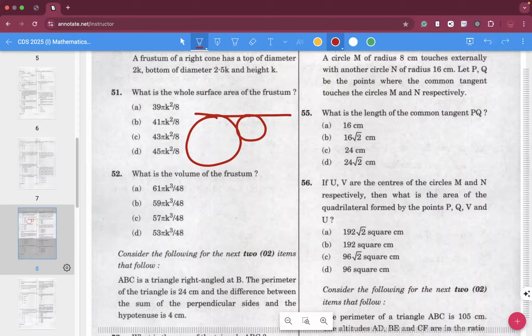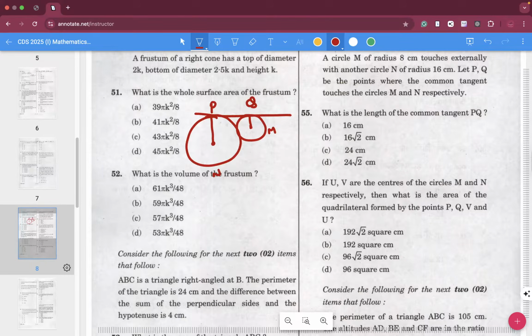So this is the circle M and this is the circle N. This radius is 8 and this radius is 16, right? Let P and Q be the points where the common tangent touches the circles M and N respectively. Then what is the length of the common tangent PQ is what they are asking.